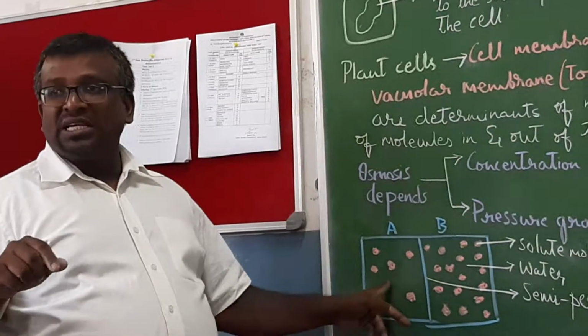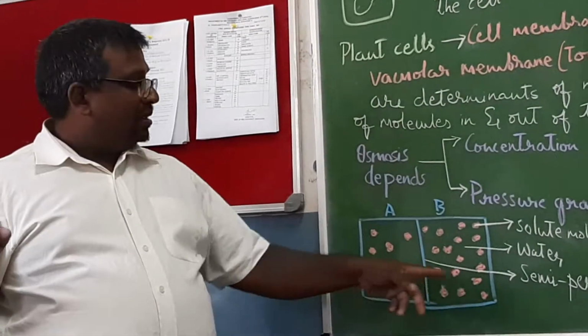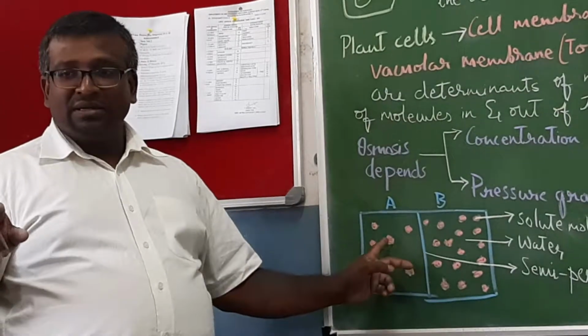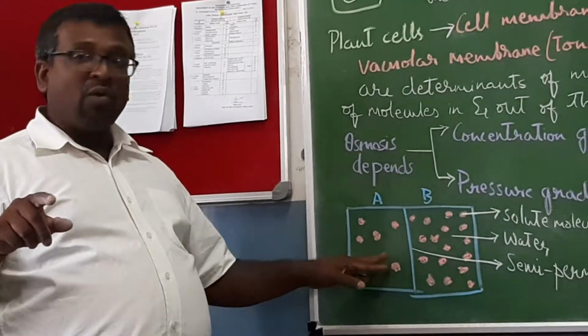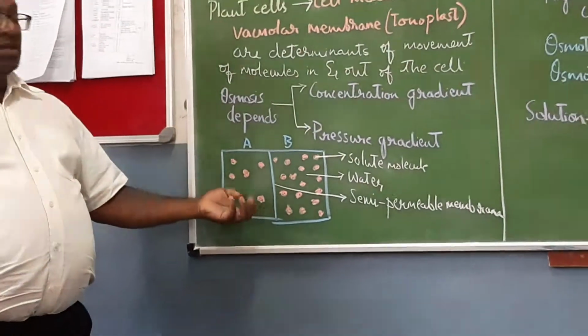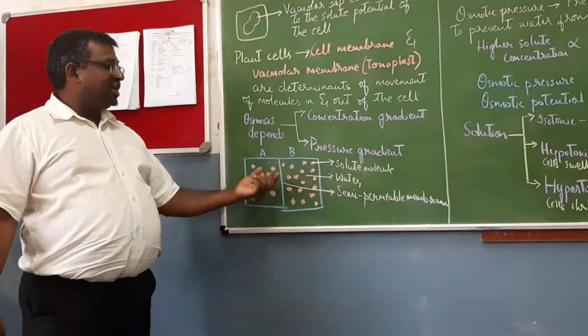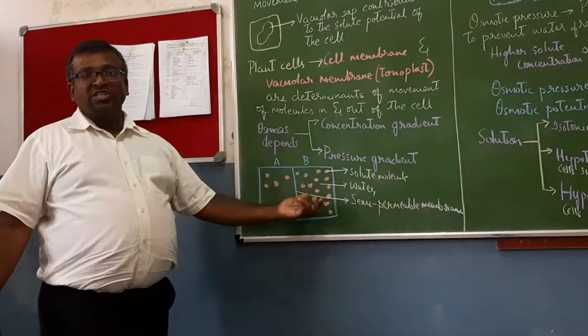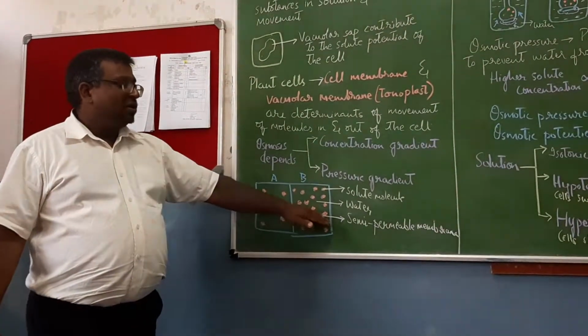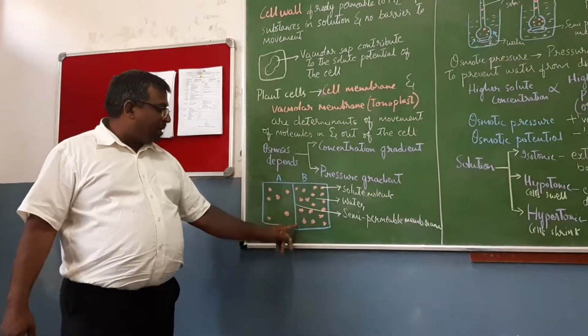Just assume this is 0.1 normal and this is 10 normal. So this has lesser solute and more water, and this has more solutes and less water. So this is higher water potential and this is lower water potential. Always water moves from higher water potential to lower water potential through a semi-permeable membrane.